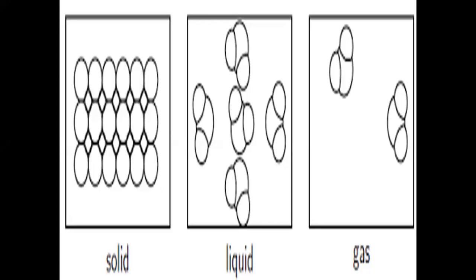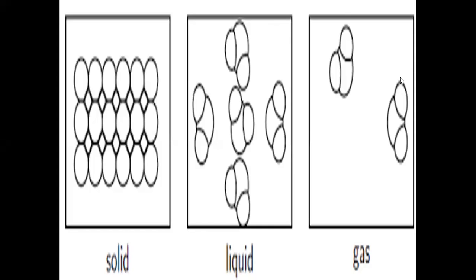In liquids, the electrostatic force between them is weaker than in solids, so they can partially move, and gases have very weak electrostatic forces, so they can move freely everywhere. It means that as you move from solid to gas, the intermolecular distance between particles increases.